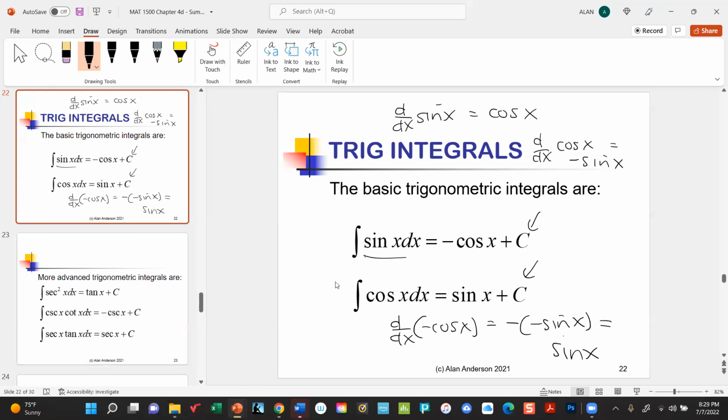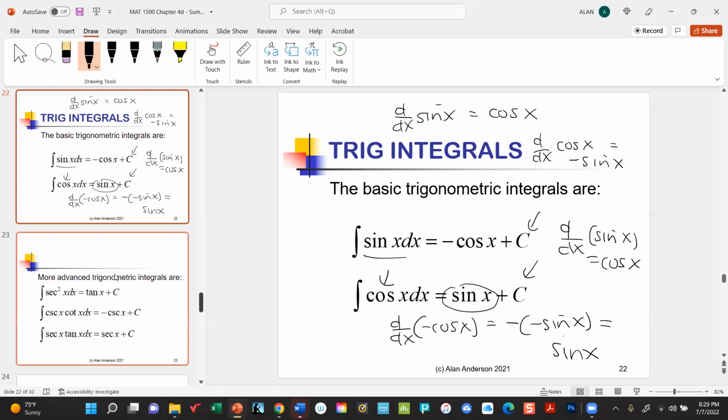And of course, the second one is even easier. If we take the derivative here, it just brings us back to cosine x.